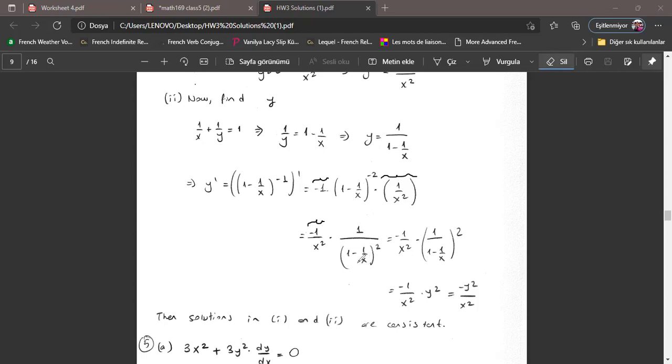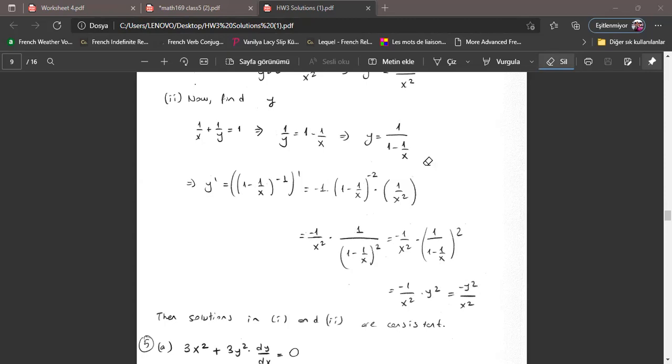Now what do we have? We had this part before, so it can be written in this form. And we know already that y is equal to this, so instead of this, we write y. We then get minus 1 over x squared times y squared. So y prime is equal to minus y squared over x squared.